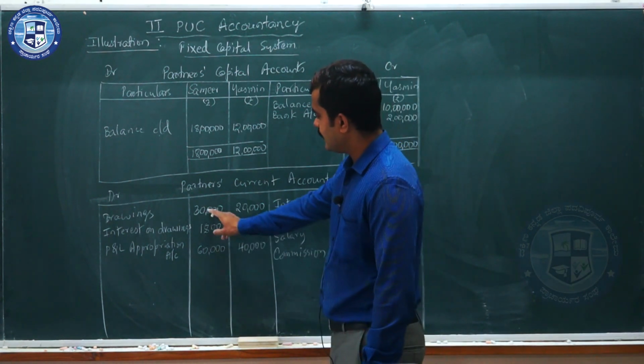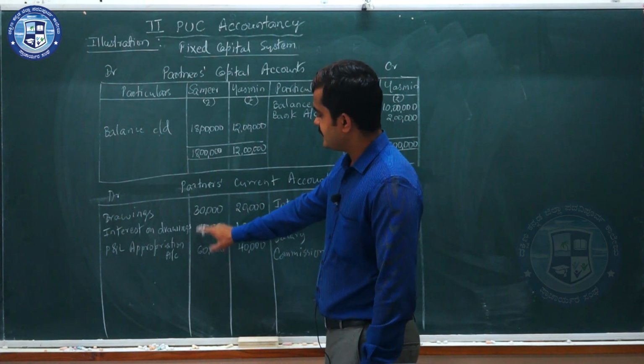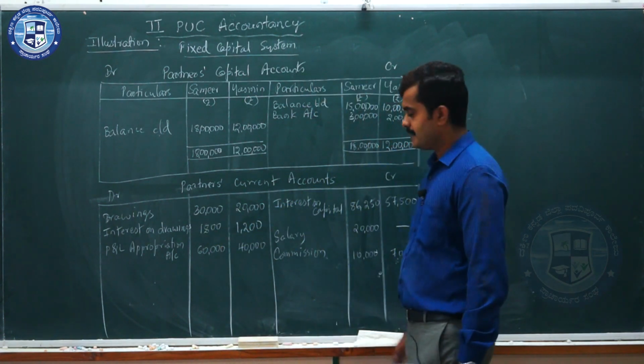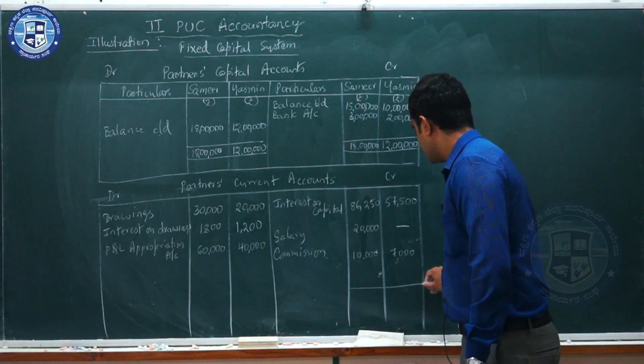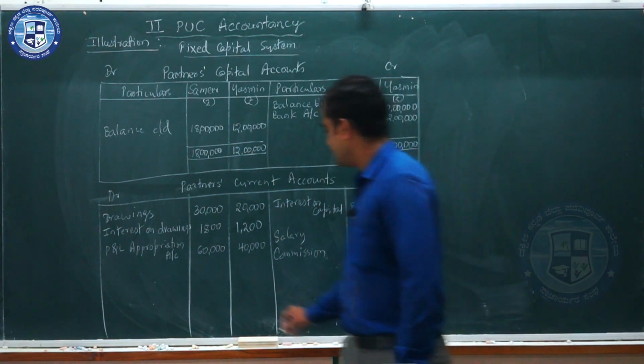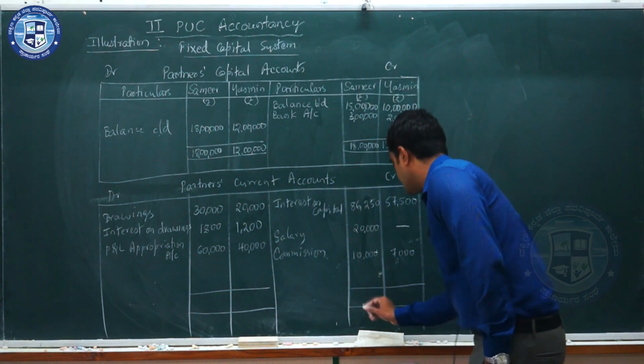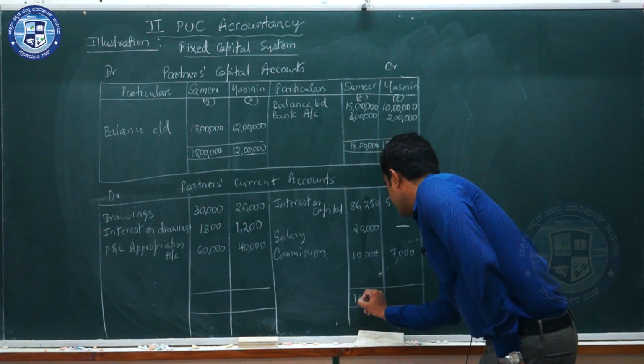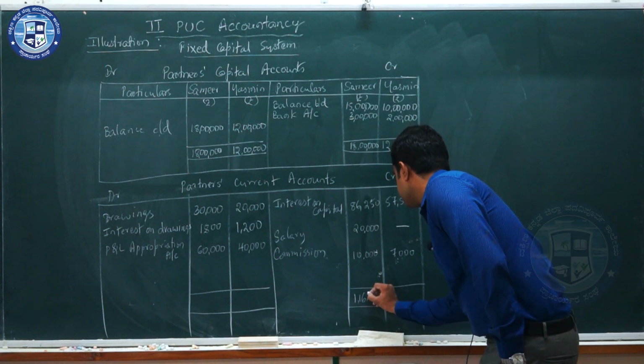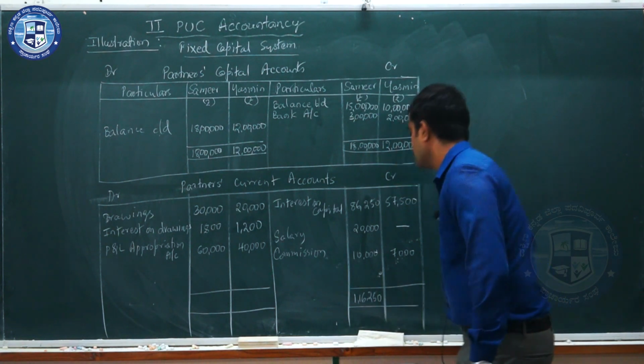On the debit side we have 61,800 plus 30,000, 91,800. That means credit side total is greater than debit side total. So first we will record the credit side total 1,16,250.